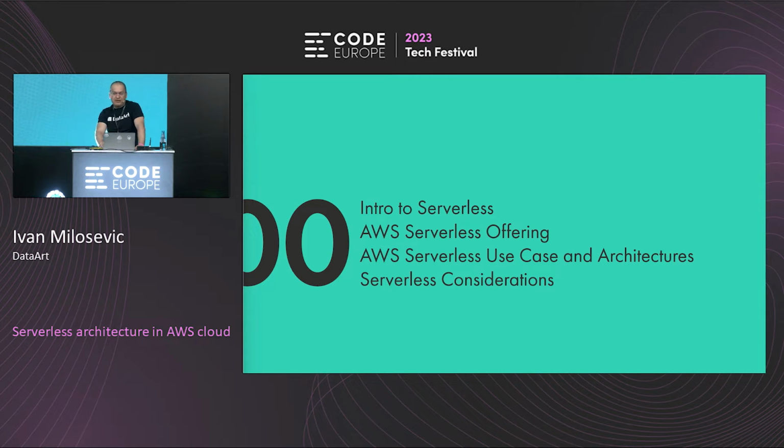Whenever you hear about some hot topic, you think, okay, this is the solution for any time and anywhere, but unfortunately it's not always the case, and that is the part that we are going to cover in this section titled serverless considerations.